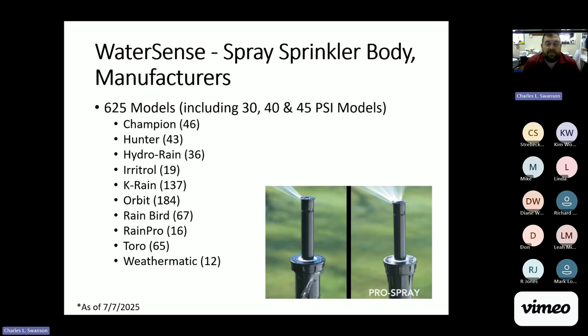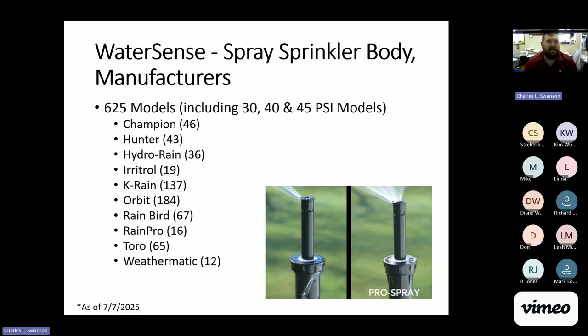Different models exist based on what the nozzle may require as far as operating pressure. You can buy these in a 30 psi, 40 psi, or 45 psi rating. Here are the 10 manufacturers, and I've put in parentheses how many different models that manufacturer has.